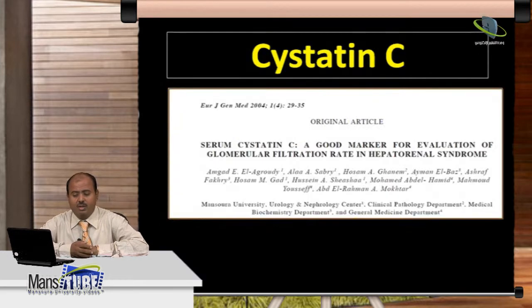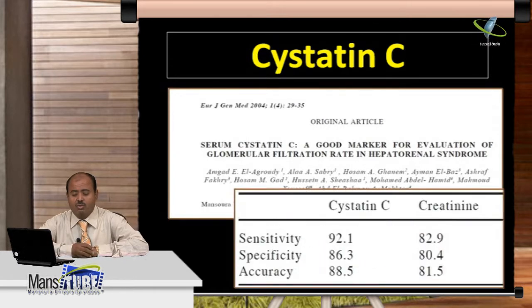We have our experience in serum cystatin C in diagnosing hepatorenal syndrome, and we find it a good marker for evaluation of glomerular filtration rate in hepatorenal syndrome. In comparison to serum creatinine, serum cystatin C is more sensitive, more specific, and more accurate.